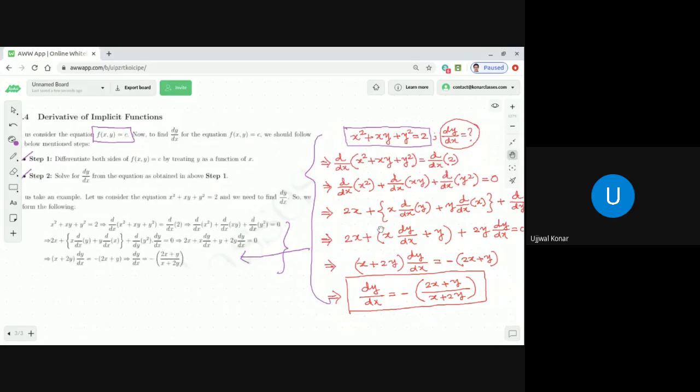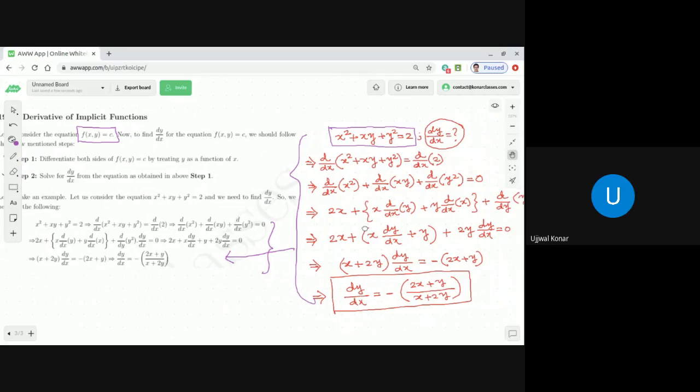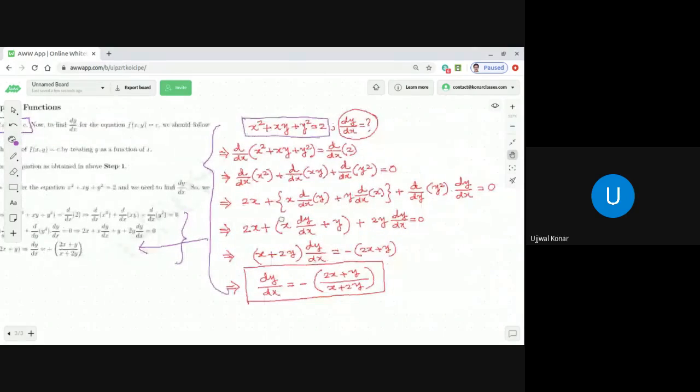First we differentiated, then we solved for dy/dx. If you see, our differentiation is done in this step. After that, all we have done is prepare the solution for dy/dx. Correct? Dear students, all of you got my point?